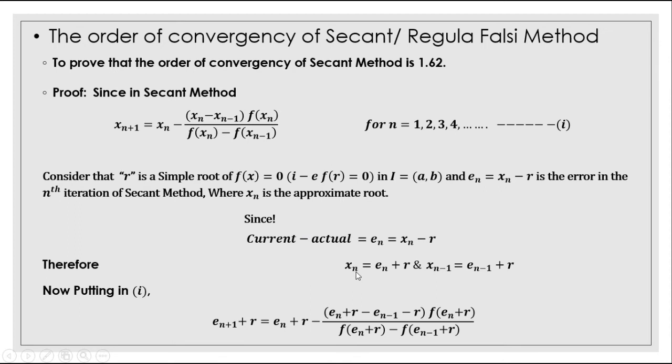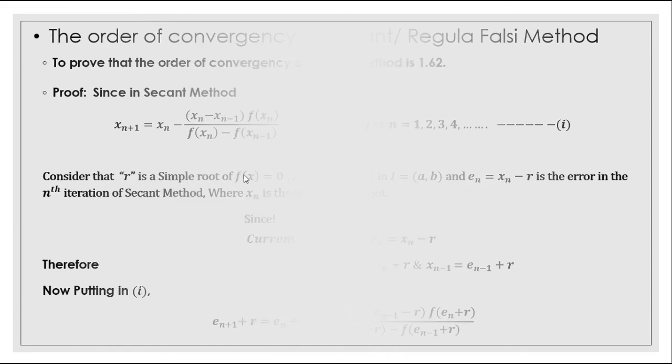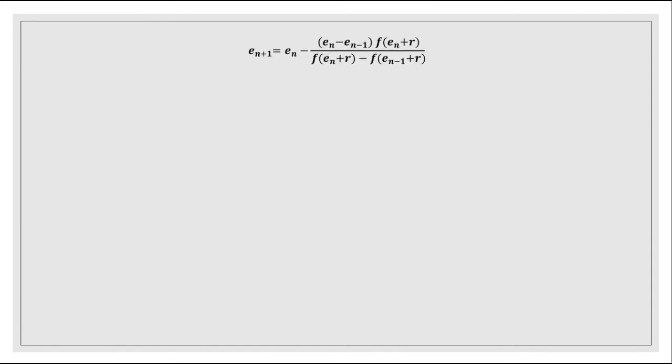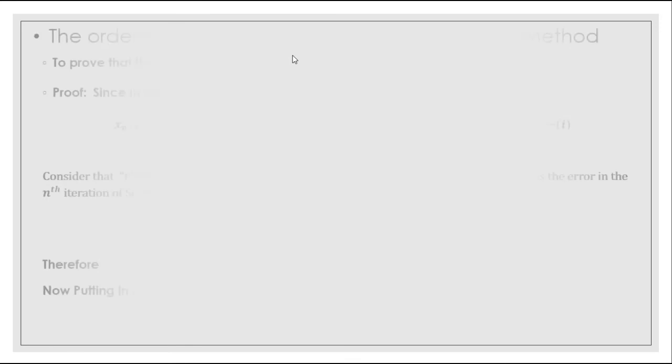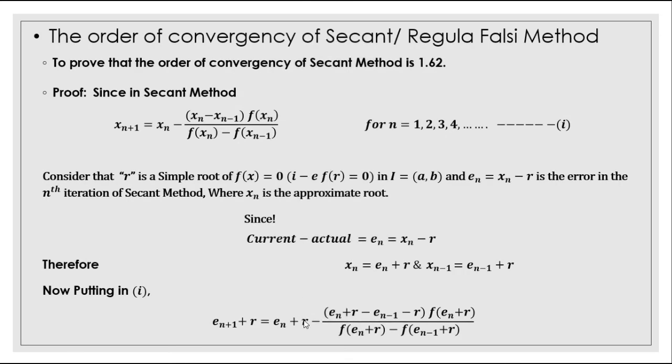After replacing n by n minus 1, we will get xn minus 1 is equal to en minus 1 plus r, and it is the error in the n minus 1th approximation to the root of the function by using this scheme. After substituting, we can cancel this r by shifting to the left side.